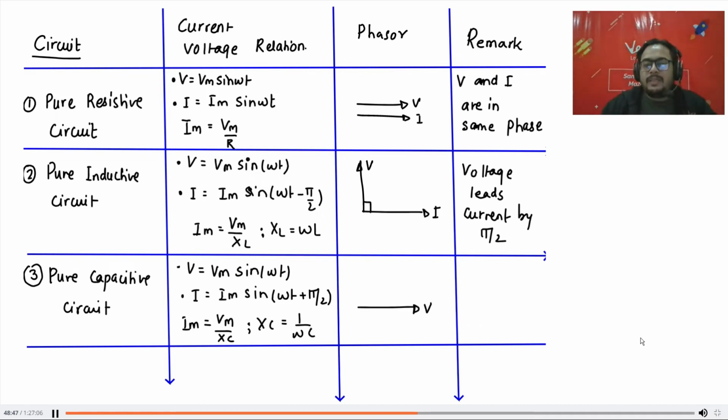Obviously, this time voltage is behind and current is ahead, and I can say current leads voltage by pi by 2. Any doubts, let me know. This is all we have studied till now.